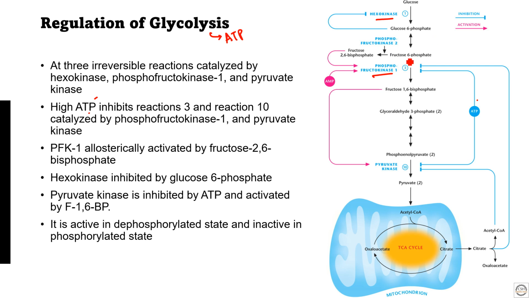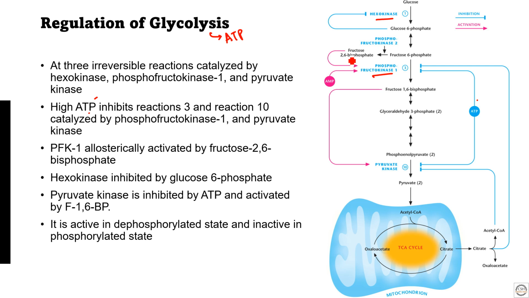What happens in this glycolysis step is that glucose is first converted to glucose 6 phosphate, then glucose 6 phosphate is converted into fructose 6 phosphate. Fructose 6 phosphate can then be converted into fructose 2,6 bisphosphate by the enzyme phosphofructokinase 2.